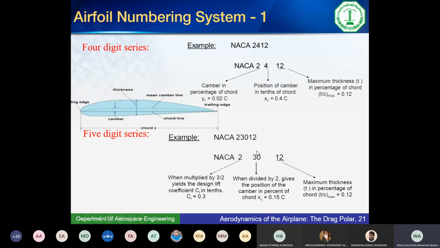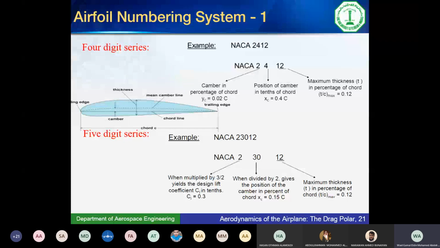This numbering system allows me to put the maximum camber at, let's say, 17%. I cannot do that here, because here it's in tenths of the chord: 40%, 30%, 20%. But here I have the capability of having 15, 16, 17, and so on. So if this is 34, maximum camber will be at 17% of the chord. Are you following?